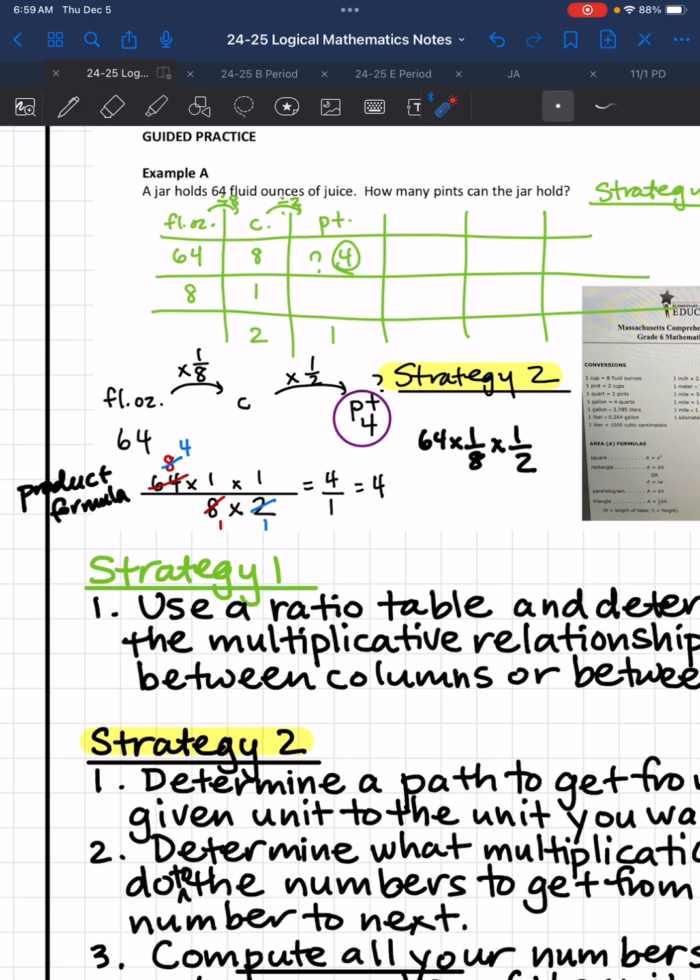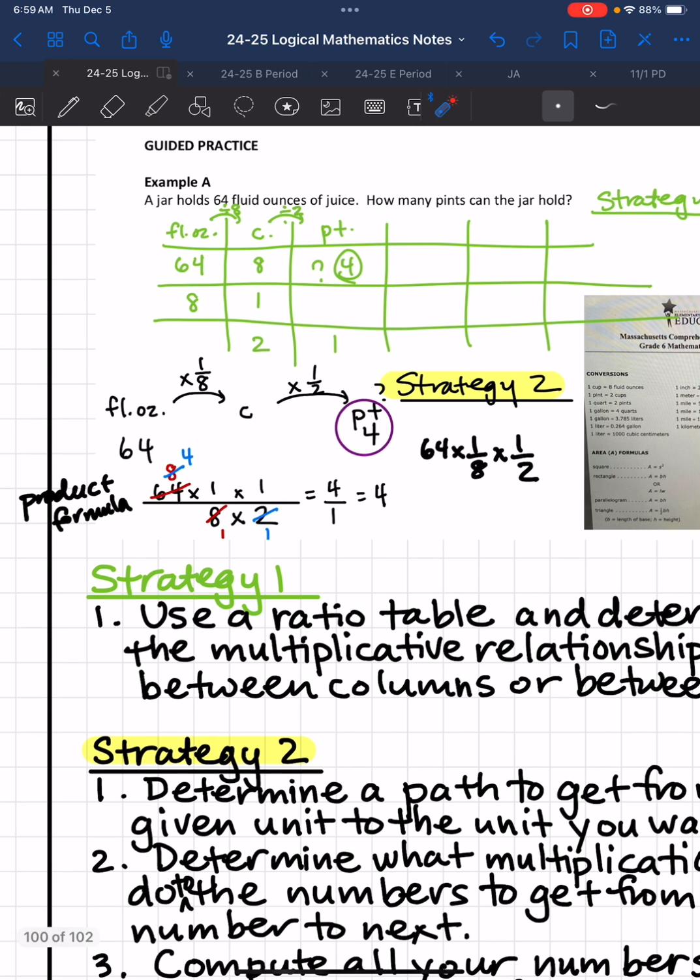So then I could just straight multiply this out, 64 times 1 times 1, and get a numerator, and then put that all over 8 times 2 and get a denominator. However, I'm going to try to save myself some time by doing some simplifying before I multiply, because sometimes I'm going to end up with really big numbers if I don't do this. And I'm going to have to divide by really big numbers if I don't do this as well.